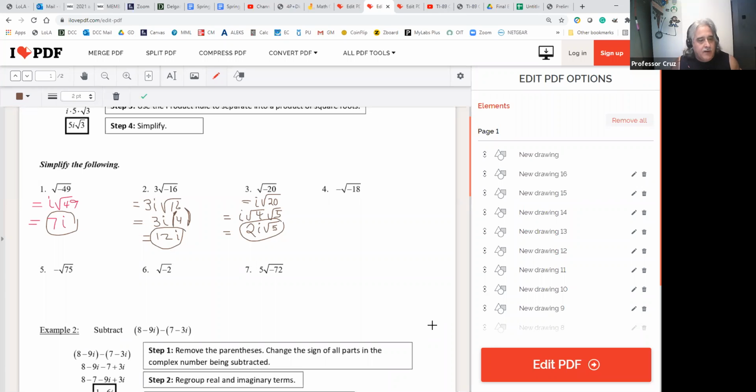The negative on the outside just means that this thing is negative no matter what. Okay, but I'm going to bring out the i, and then the negative sign is still there. So what can I do?